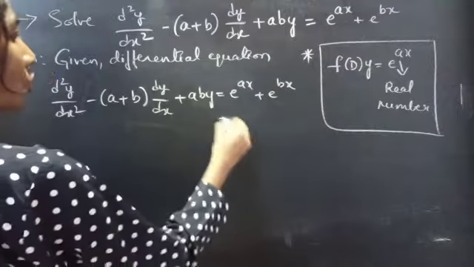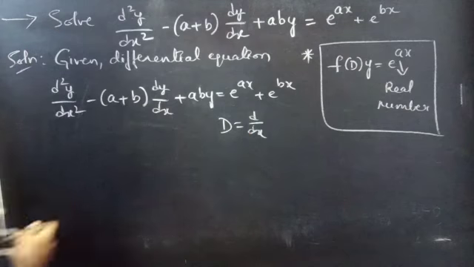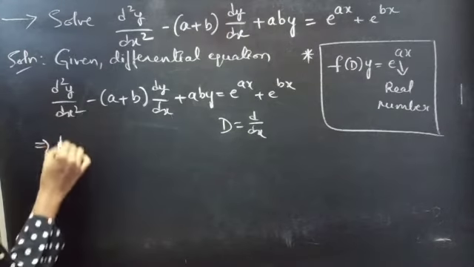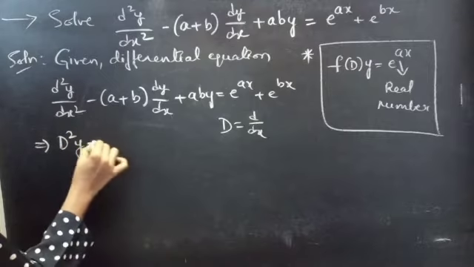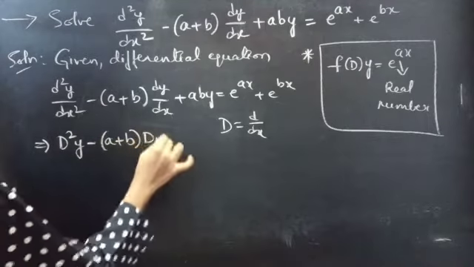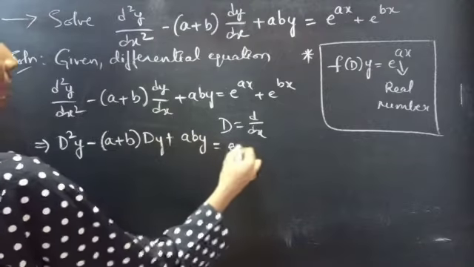Since we know that the differential operator D equals d by dx, we'll write the equation in differential operator form. So you'll get D square y minus (a plus b) into D y plus aby equals the RHS part.